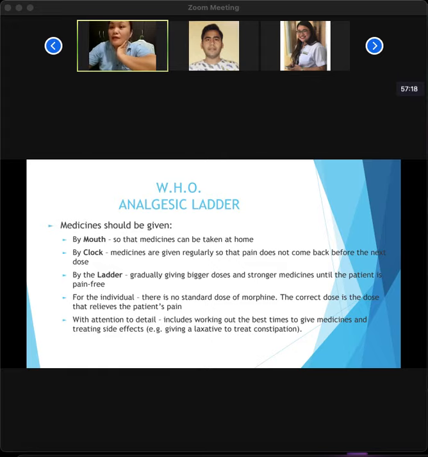If the patient is already pain-free, then stop at that level. If still not responding, then you can go up. Again, for the individual, there is no standard dose of morphine. It depends on the patient. The correct dose is the dose that relieves the pain of your patient.